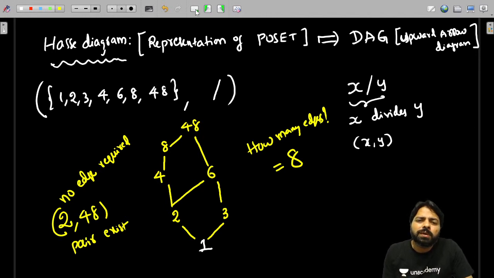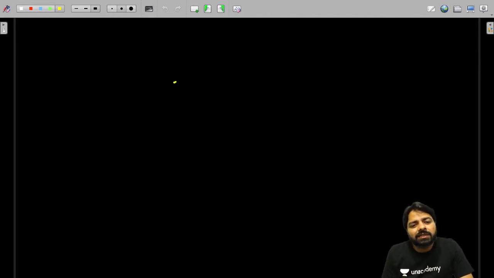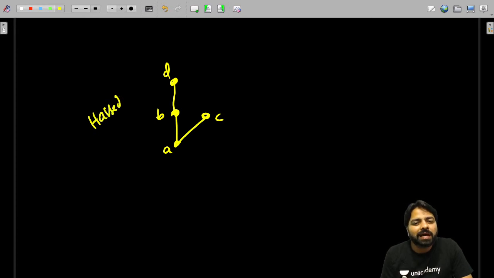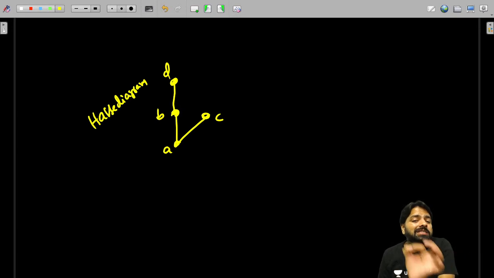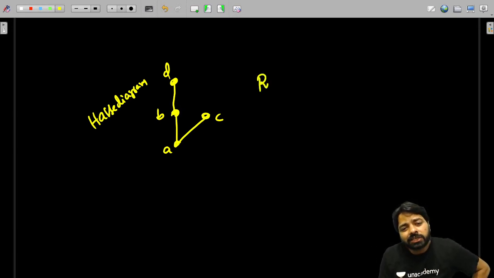And sometimes it could be possible, I will tell you, they might give some relation as a diagram. Okay, A, B, C, D. This is a diagram, no doubt. But they may ask how many elements are there in the relation. In the relation, how many elements are there?